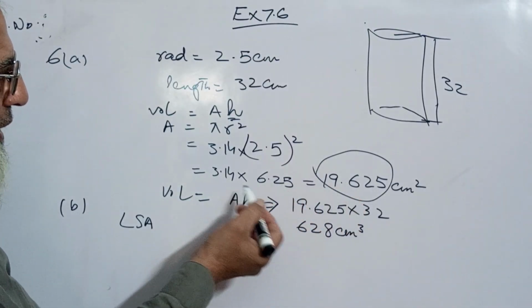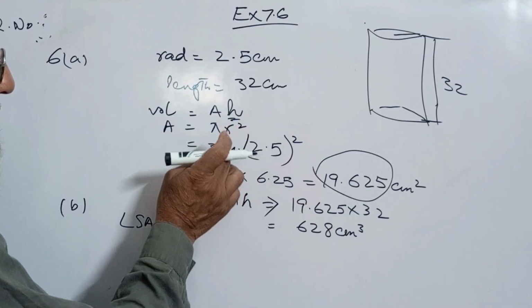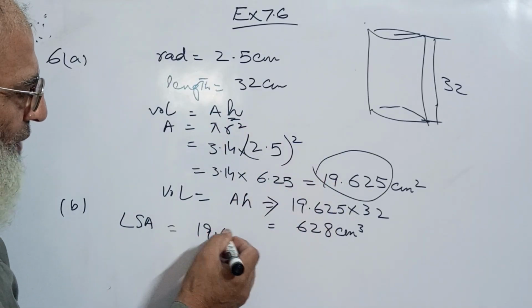So we have already calculated the area pi r square. This is pi r square, so it is 19.625.